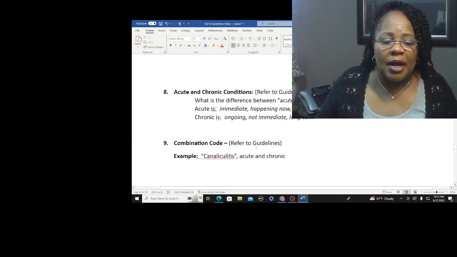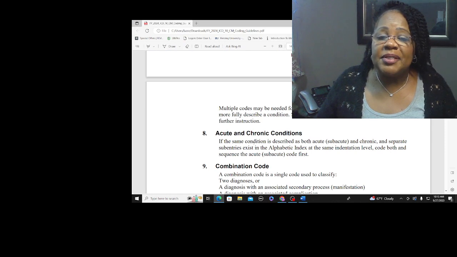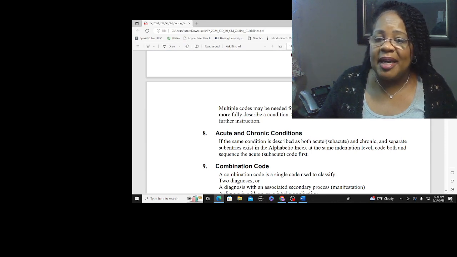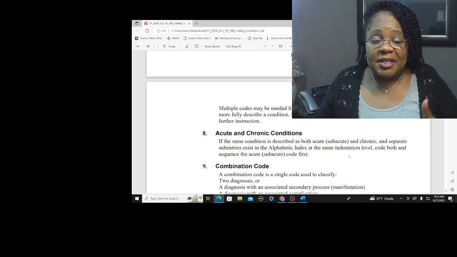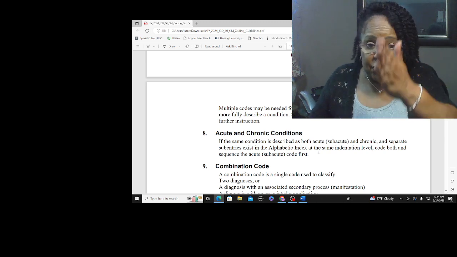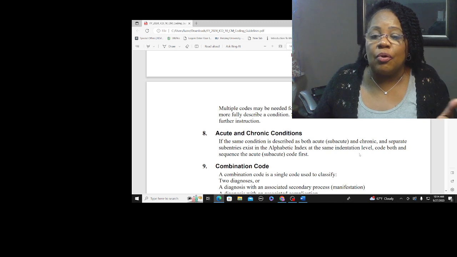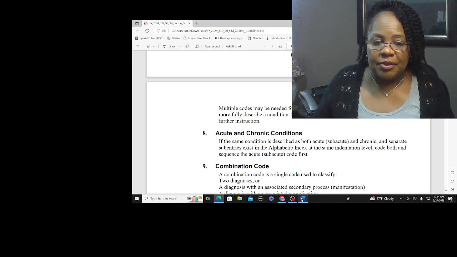8, acute and chronic conditions. So let's go to the guidelines on number 8. If the same condition is described as both subacute, acute or subacute, and chronic, and separate sub-entries exist in your alphabetic index at the same indentation level, code both and sequence the acute or subacute code first.